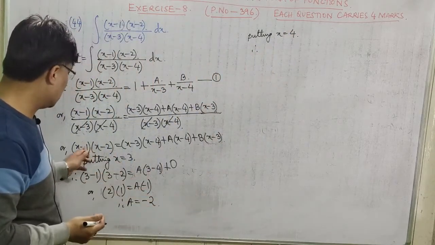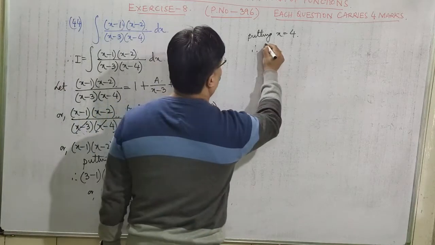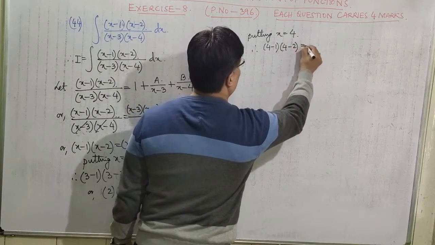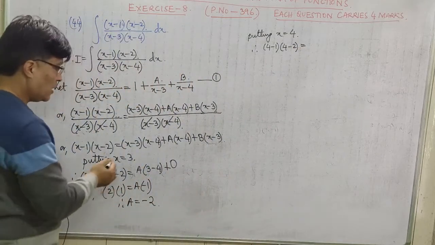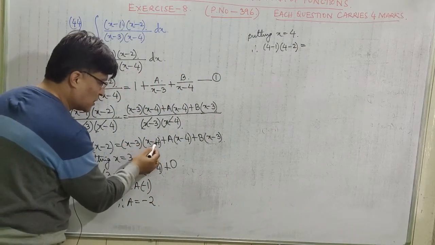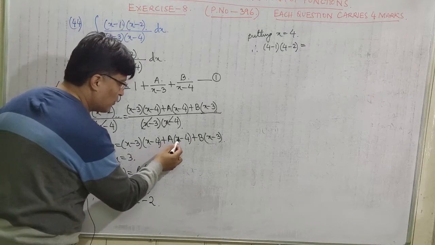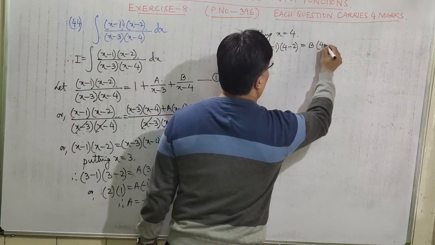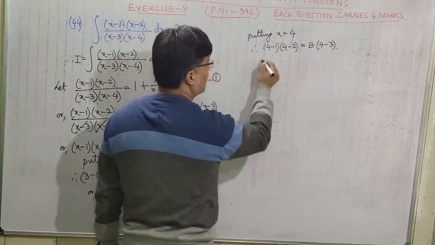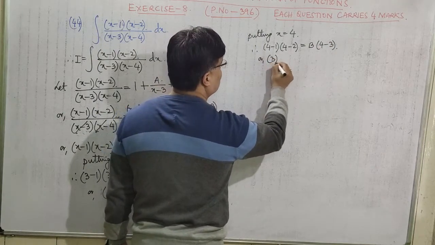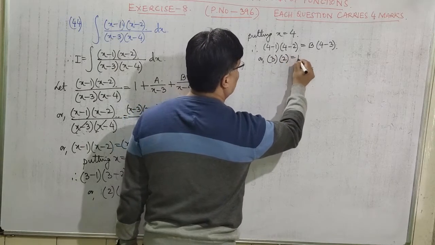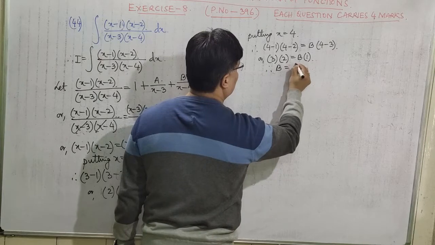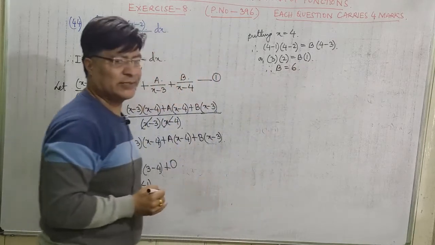This is 4 minus 1, 4 minus 2, which is equal to, this first term will be 0 because of this (x minus 4), 4 minus 4 is 0. a into (4 minus 4) is 0. b into (4 minus 3). So 4 minus 1 is 3, 4 minus 2 is 2, is equal to b into (4 minus 3) is 1. That is, b is equal to 3 twos are 6.